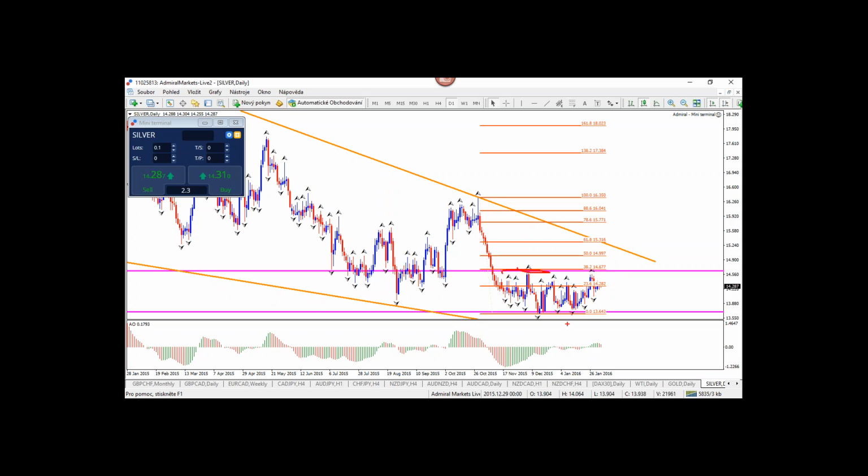So I don't think it's a good instrument to trade at the moment, personally, because I would still be cautious of the spike here and then perhaps a turn.